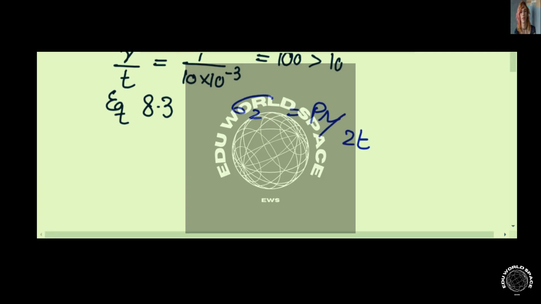Here P is the gauge pressure, which is what we want to find. So in order to find P, we need to rearrange it: P is equal to 2 times T times sigma sub 2 divided by R.